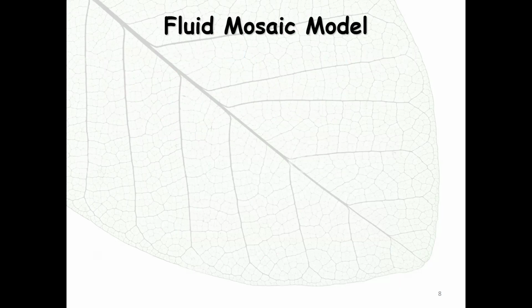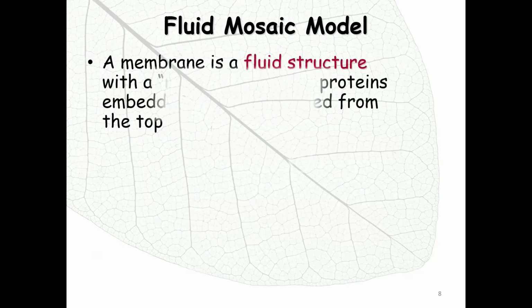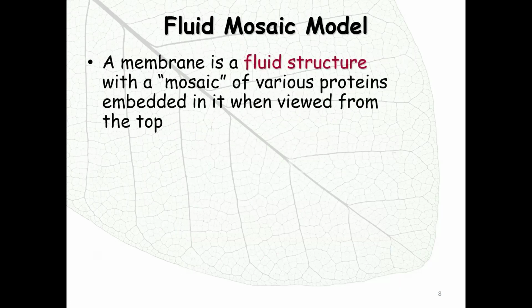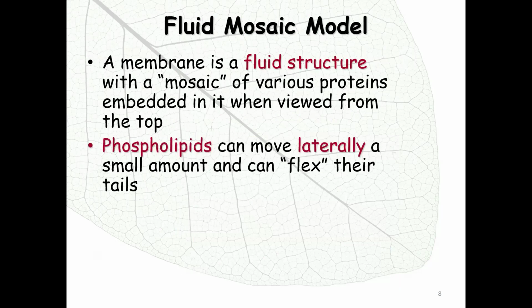There is a model proposed by scientists called the fluid mosaic model of the plasma membrane. A membrane is a fluid structure with a mosaic of various proteins embedded in it when viewed from the top. So if you look from the top at the plasma membrane, you can see the heads of some proteins coming out, crossing the plasma membrane lipid bilayer.